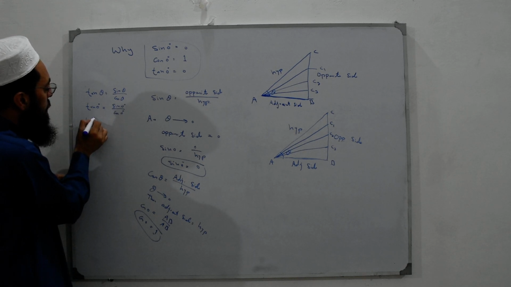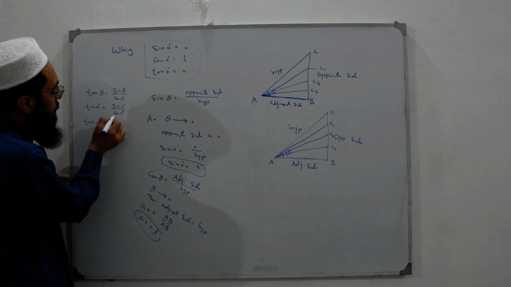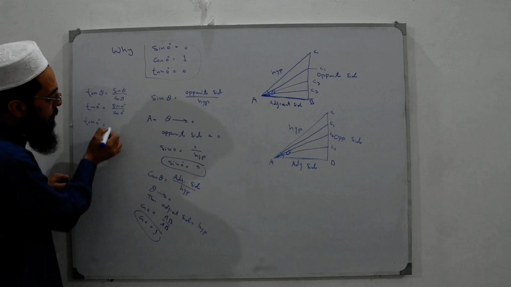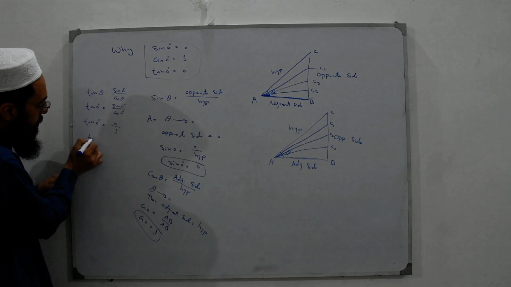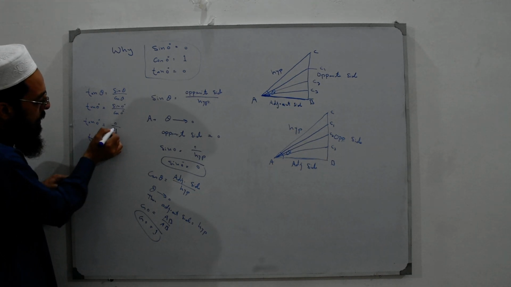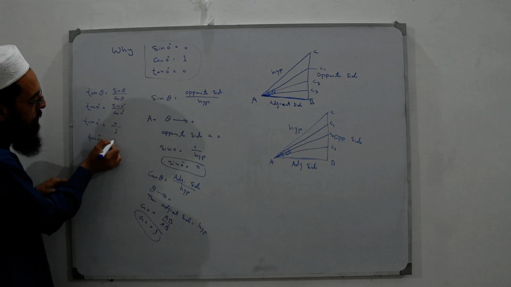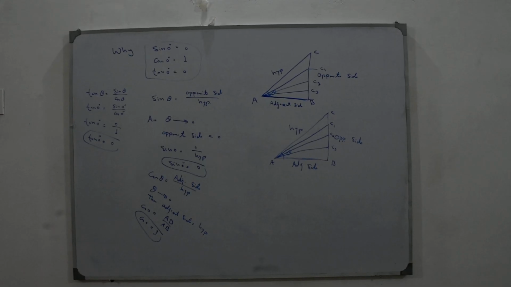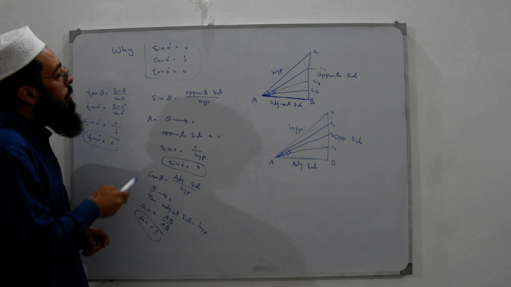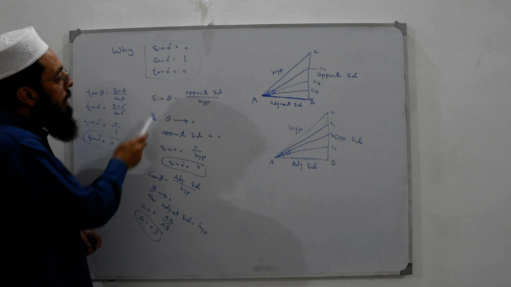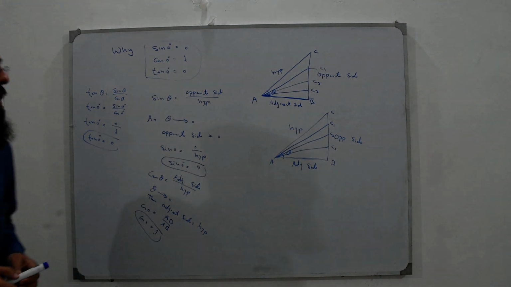Sin 0 degree is equal to 0 and cos 0 degree is equal to 1. So tangent 0 degree is equal to 0 by 1, which is equal to 0. Hence we proved that sin 0 degree is equal to 0, cos 0 degree is equal to 1 and tangent 0 degree is equal to 0.